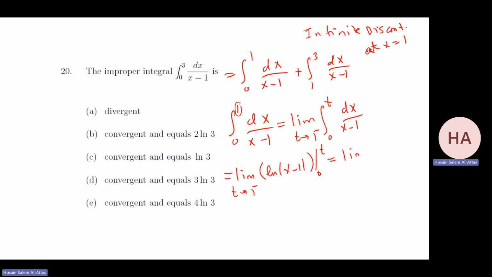So I have the limit as t goes to 1 from the left of ln|t minus 1| minus ln 1, which is 0. So what is this limit? As t goes to 1 from the left, I have minus infinity. So it's divergent. Diverges.